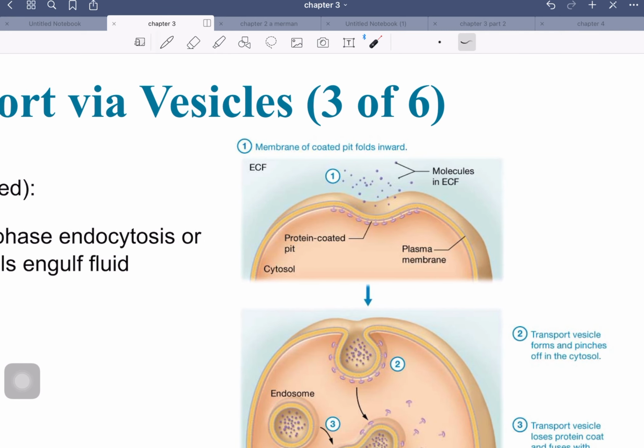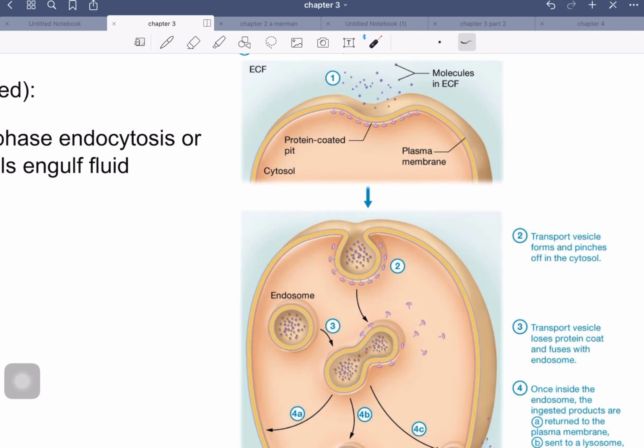Typically, the membrane has these coated pitted folds. You can see a membrane coated pit right here. The molecules can interact with that, and the transport vesicle forms. As it does, you get this invagination of the membrane.